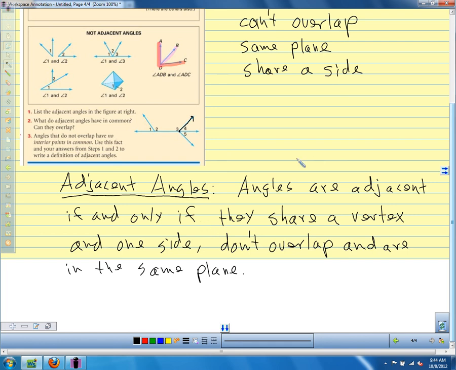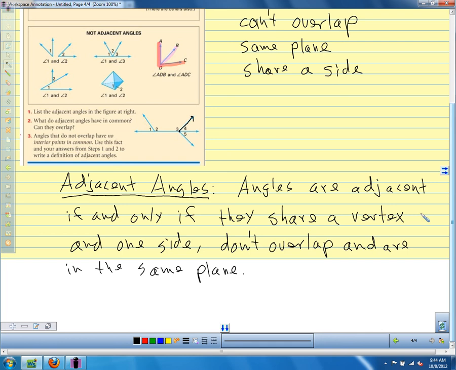And we could break this into two pieces. We could say if angles are adjacent, then they share a vertex, one side, don't overlap, and are in the same plane. That would be one conditional statement. And we could say if angles share a vertex, one side, don't overlap, and are in the same plane, then they are adjacent.